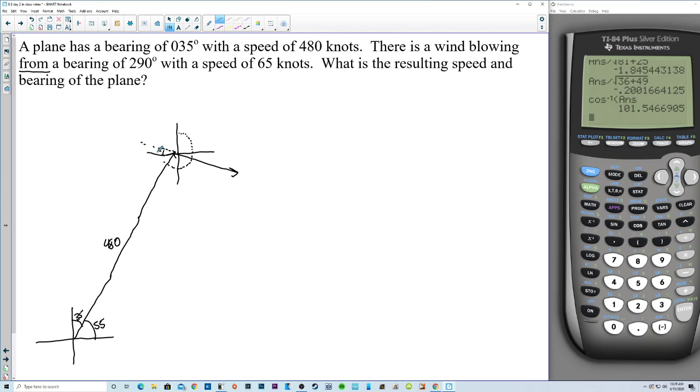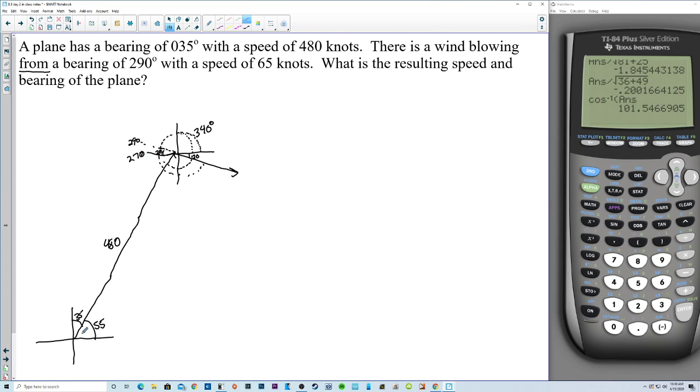Well, if this is 20 degrees, that'd be 270 to 290. That's a 20-degree gap there, 20-degree angle. So by vertical angles, this should be 20 degrees. So now the unit circle measurement going all the way around like that is 20 degrees short of 360. So we're looking at 340.